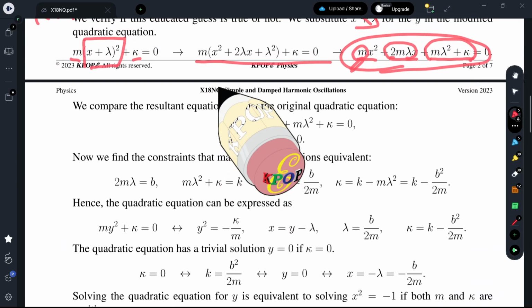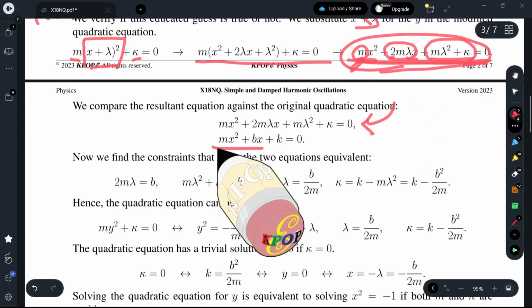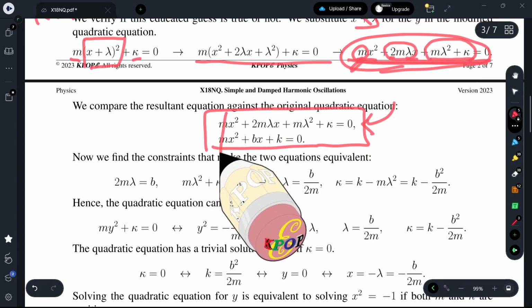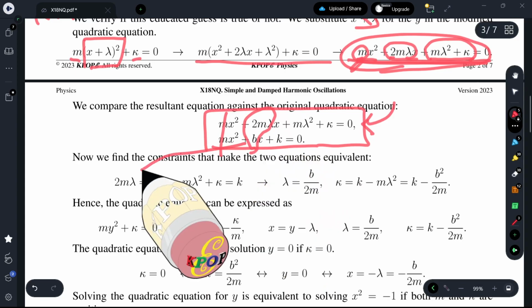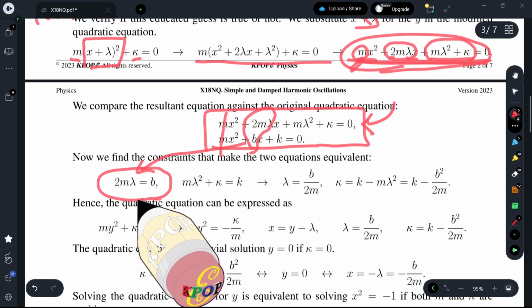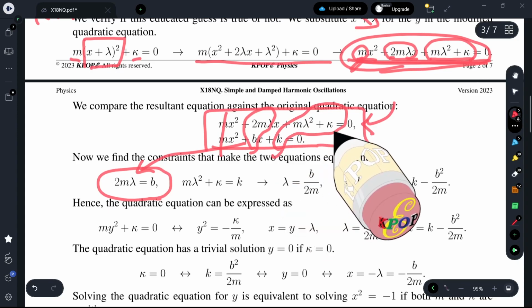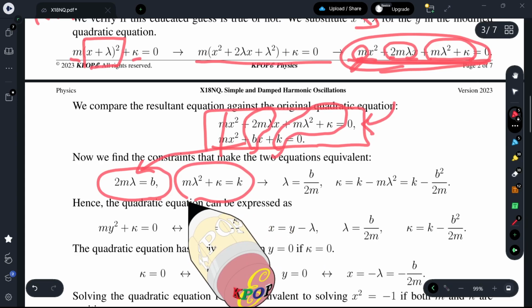So this is a copy of this expanded form. And this is the original equation. First, it's fine. And we compare this. This one gives a first constraint. And then second, this constant should be the same as k, constant k.